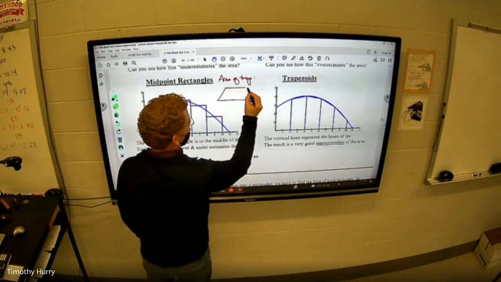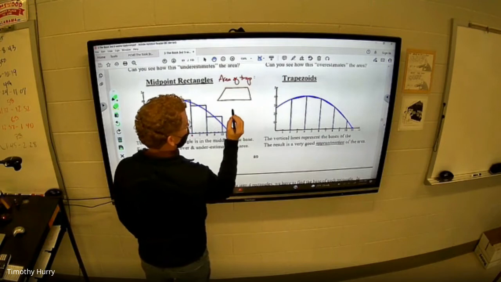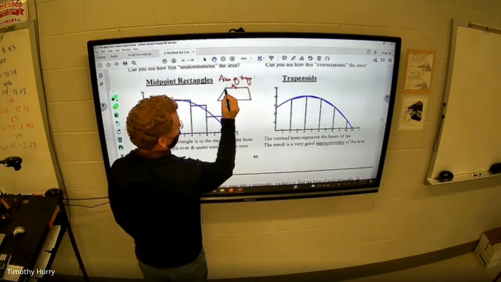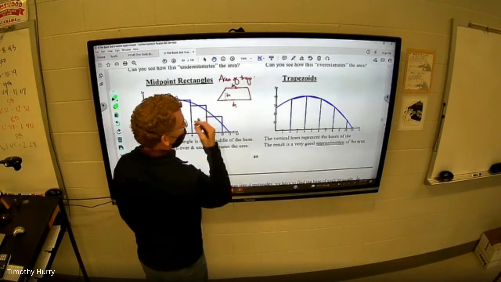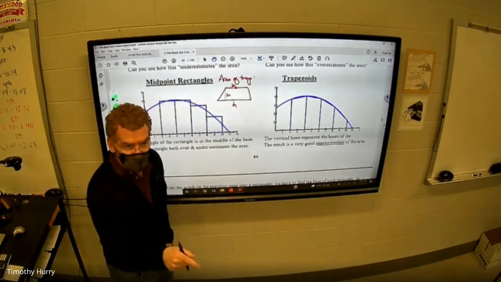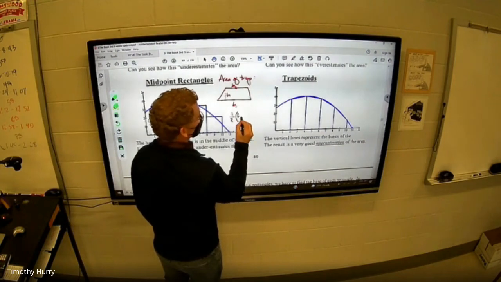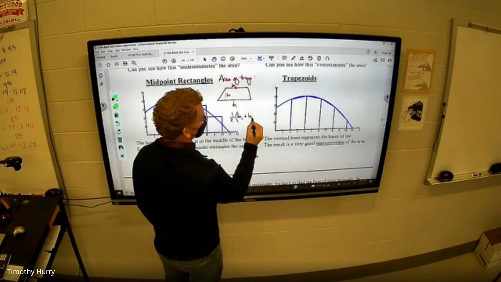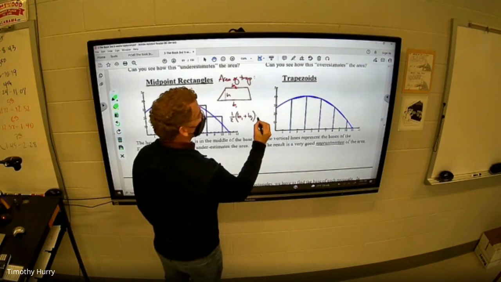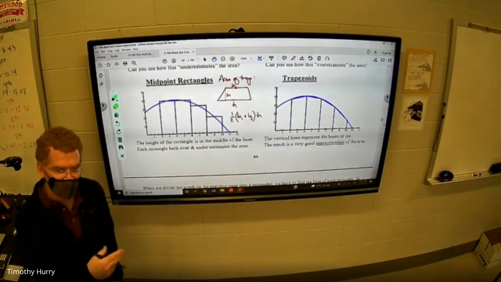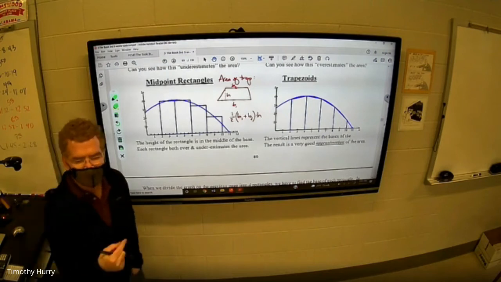Something like that, and you said, well, there's base 1, and then there's base 2, and then there's this height right here, right? And you learned that it was probably 1/2 times the sum of the two bases times the height. And the variables might be switched up as 1/2 h times the sum of the two bases. What is that really saying?